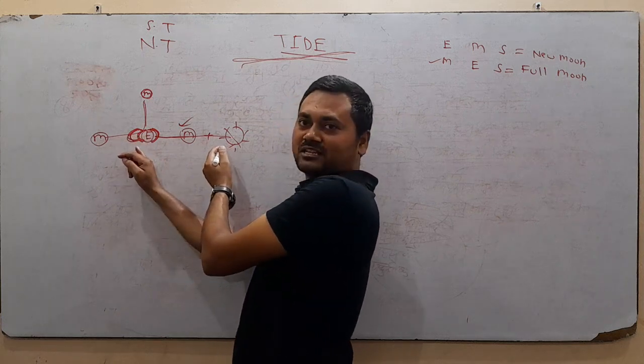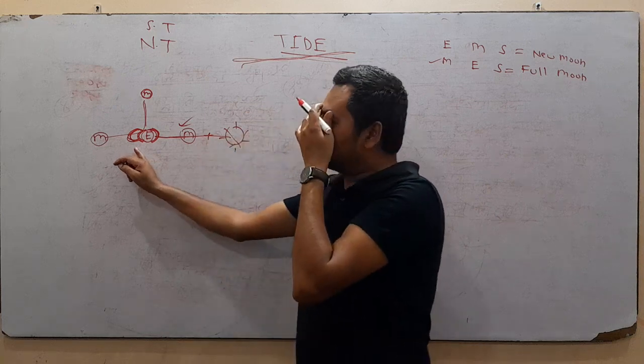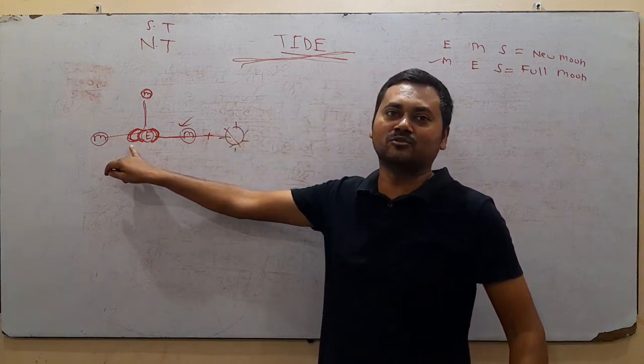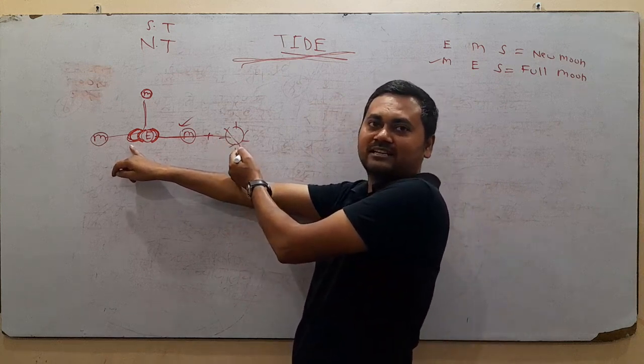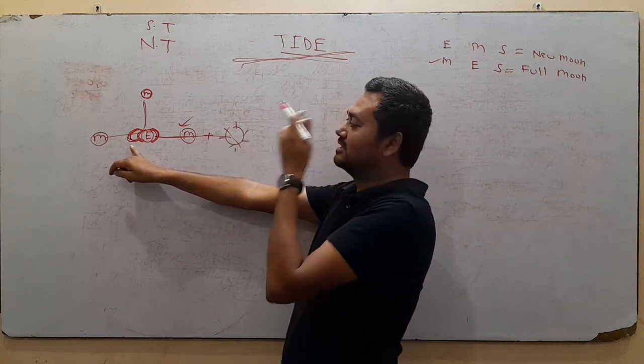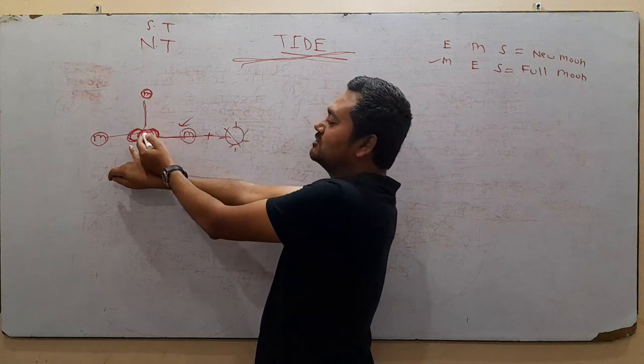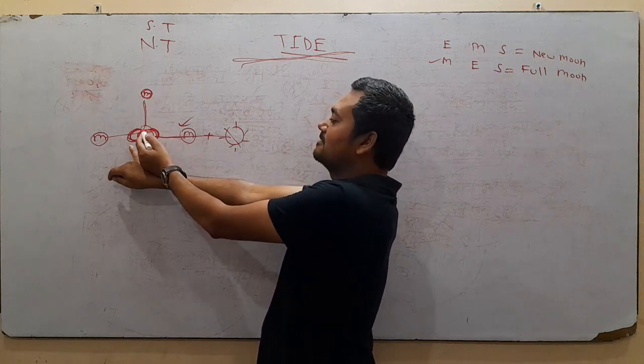The sun is on this side. The sun will try to reduce this bulging created by the moon.